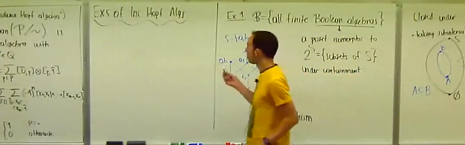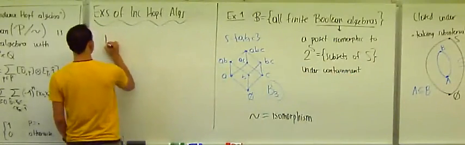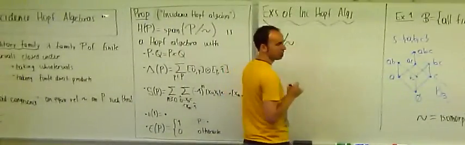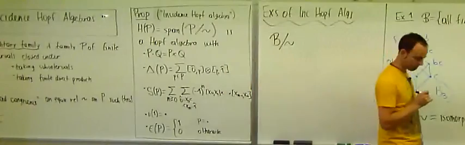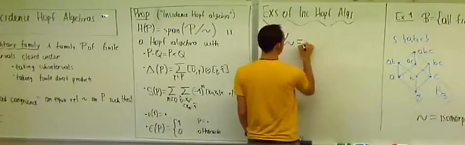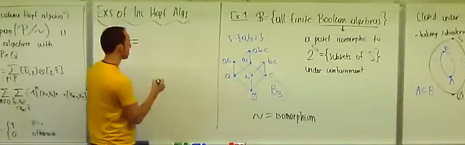Let's try to figure out what the underlying incidence Hopf algebra is. Let's take B modulo equivalence. What are the different equivalence classes of Boolean algebras? The B sub n's, right?